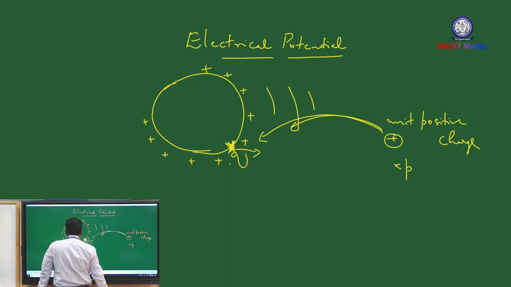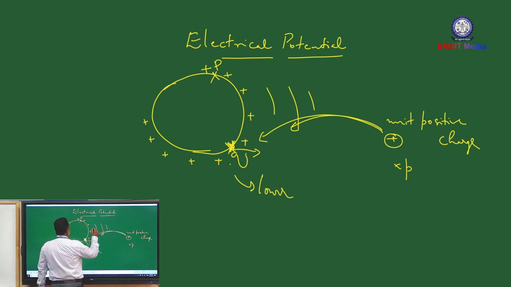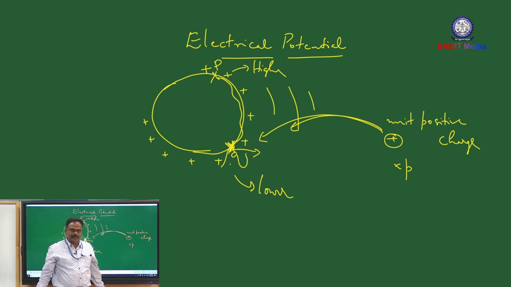Now if you take any 2 points P and Q, supposing Q is at a higher potential and P at a lower potential, and this body is not uniformly charged, having some irregular shape.